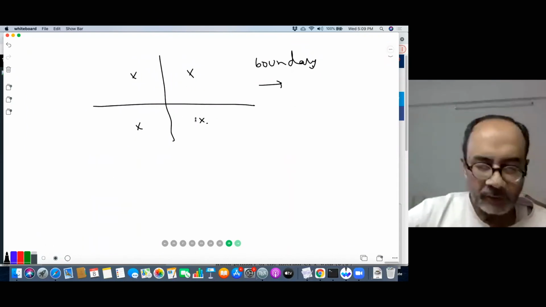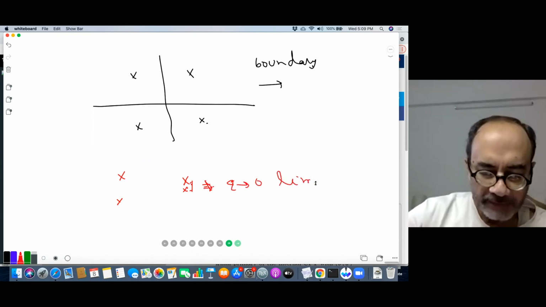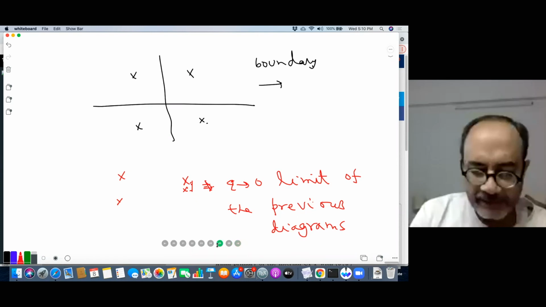So if instead of having well separated punctures, these 2 punctures come close, you can show this is precisely the Q goes to 0 limit of the previous diagram. Next time we will be applying this whole technology to the sphere 4-point function, where I think all of these should become clear.